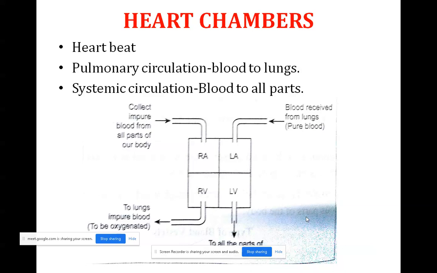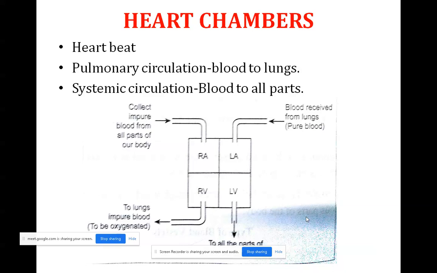That process is called oxygenation. That oxygenated blood will be pure blood. That pure blood will again be taken back by the heart, and then sent to all parts of the human body. So this is the work of the heart.